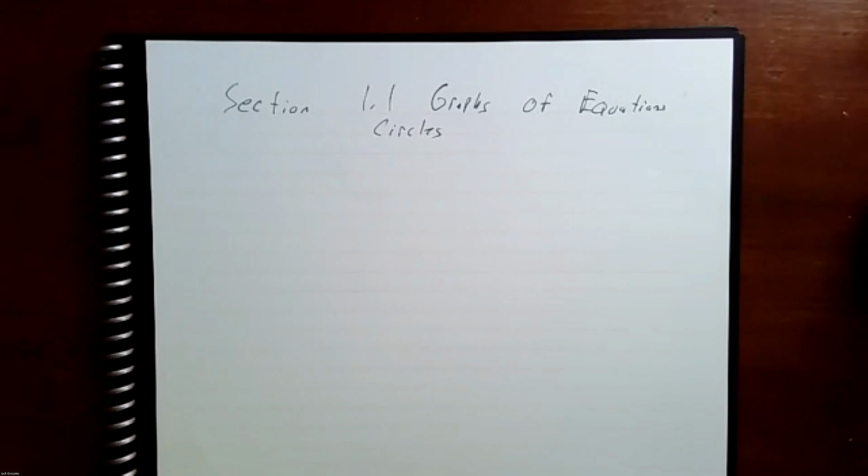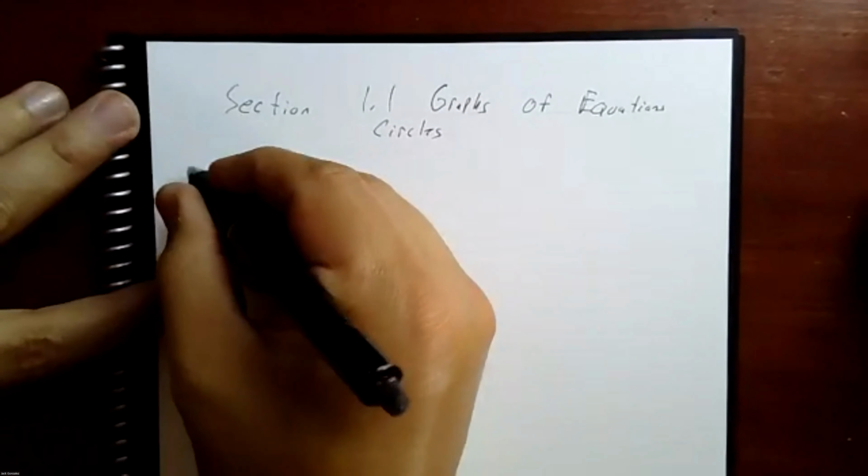Let me write it down for you. So it would be (x - h) squared plus (y - k) squared equals r squared.